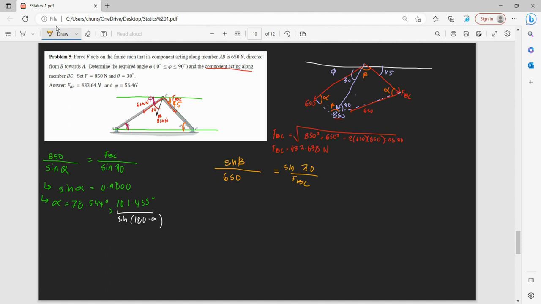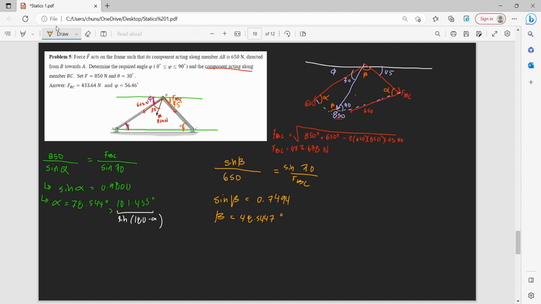Sine 30 divided by FBC times 650. So that leaves sine beta equals 0.7494. And our beta angle is 48.5447 degrees.